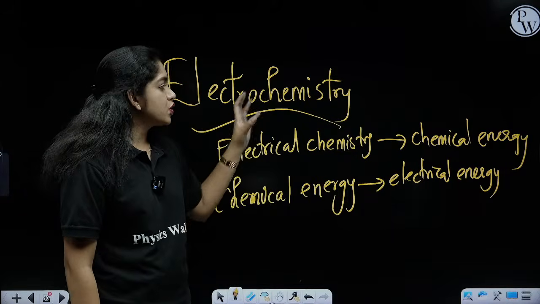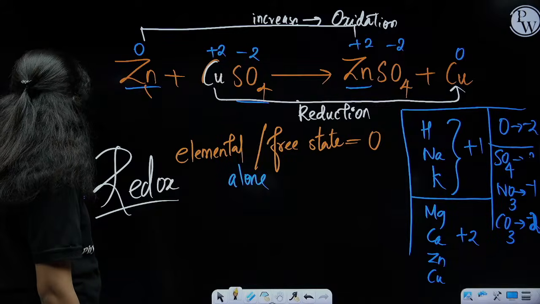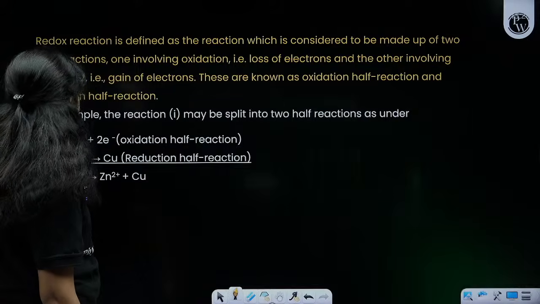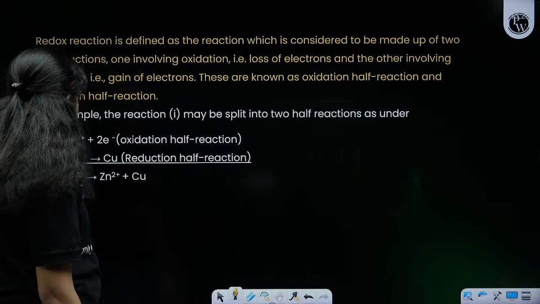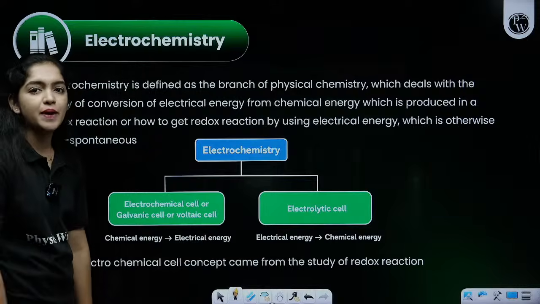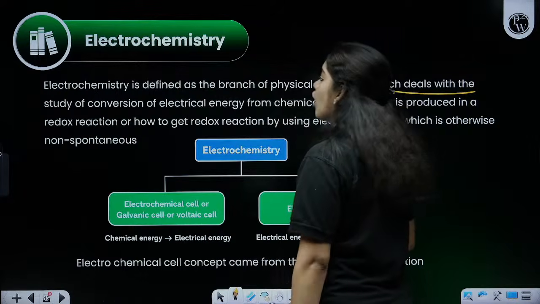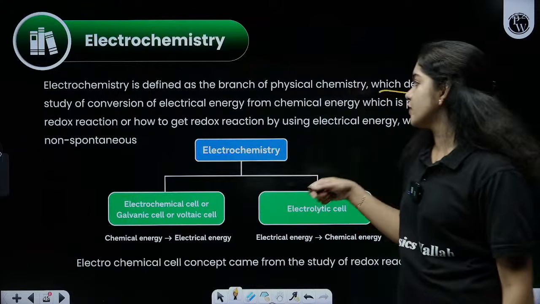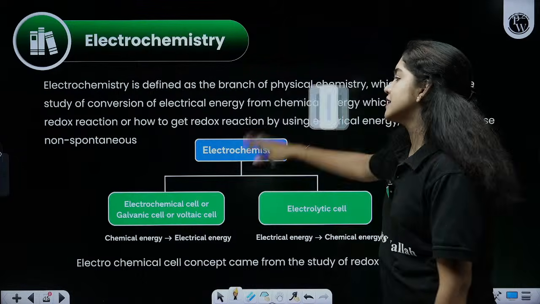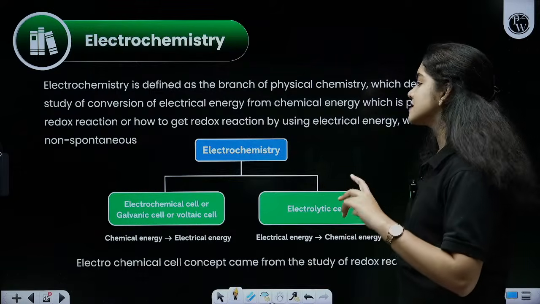Electrochemistry means what? Redox reaction we already discussed. Oxidation is there, reduction is there. Electrochemistry is defined as the branch of physical chemistry which deals with the study of conversion of electrical energy from chemical energy, which is produced in a redox reaction, or how to get a redox reaction using electrical energy, which is otherwise non-spontaneous.